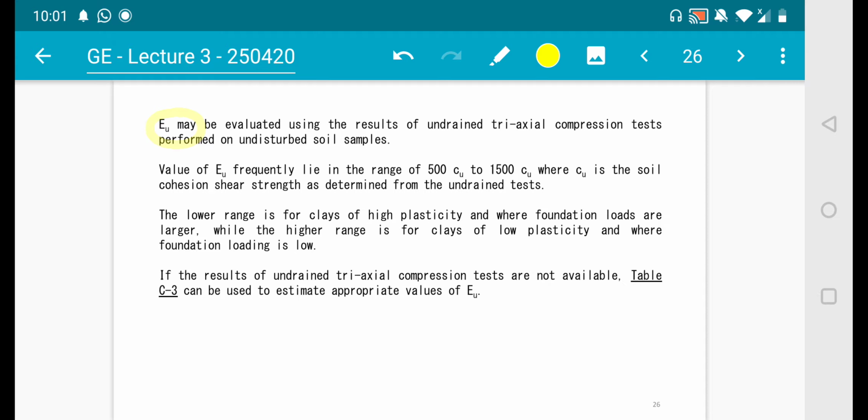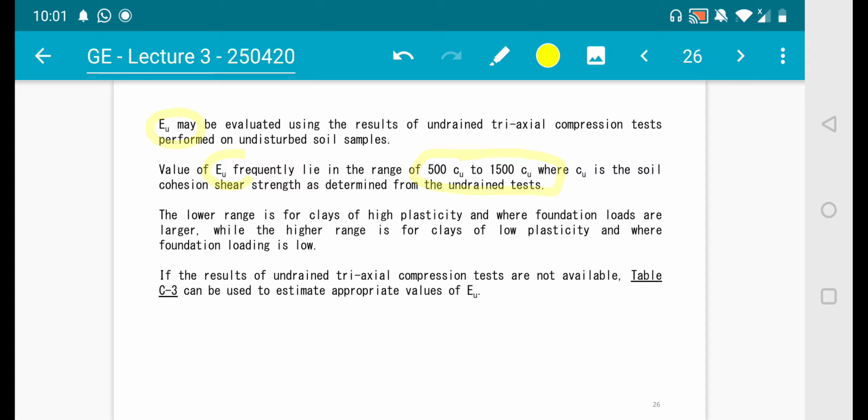The value of EU frequently lies in the range of 500 Cu to 1500 Cu, where Cu is the soil cohesion shear strength as determined from the undrained test. The lower range is for clays of high plasticity and where foundation loads are larger, while the higher range is for clays of low plasticity and where foundation loading is low.